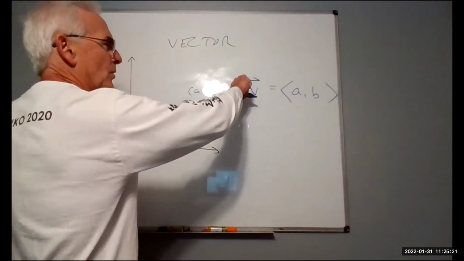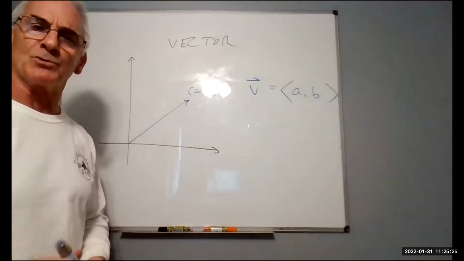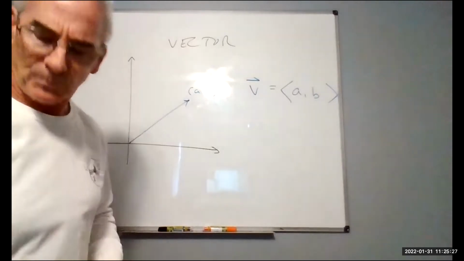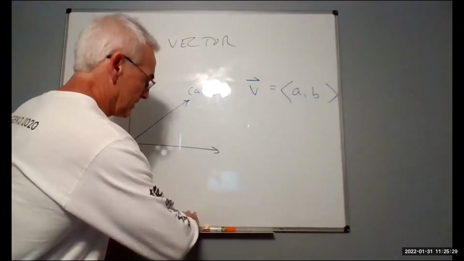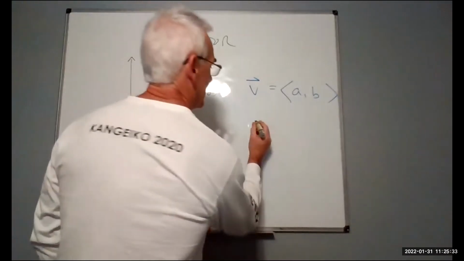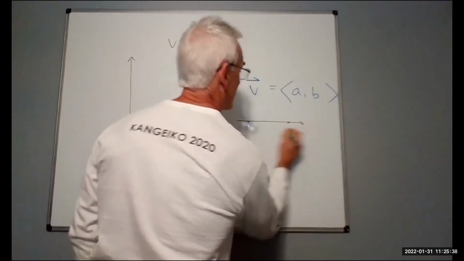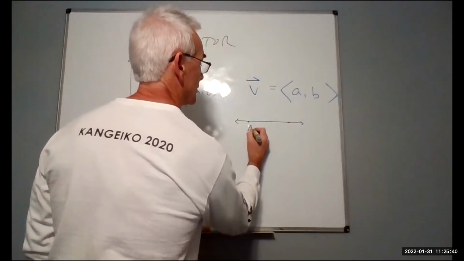Now, the notation, I want to go really quickly because most of you are probably somewhat familiar with your high school geometry, okay? In high school geometry, you talk about lines, you talk about other things. Let me give you some simple things here, because I want to make sure we understand the differences in notation.